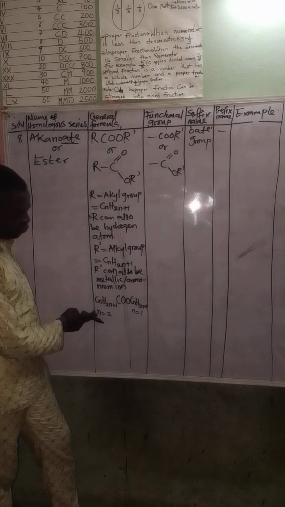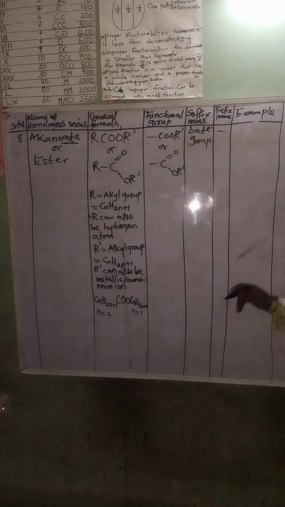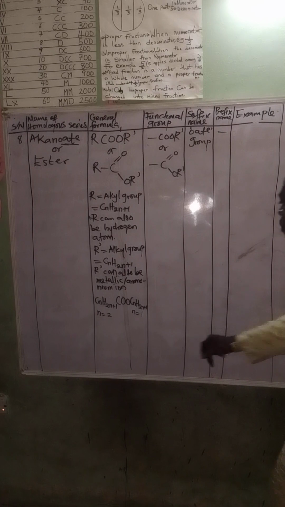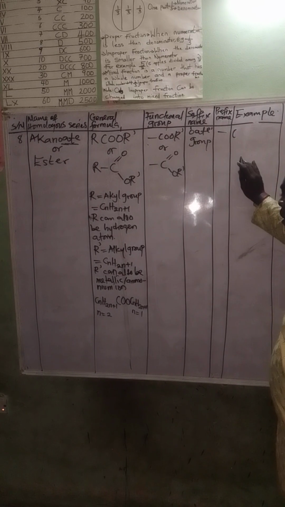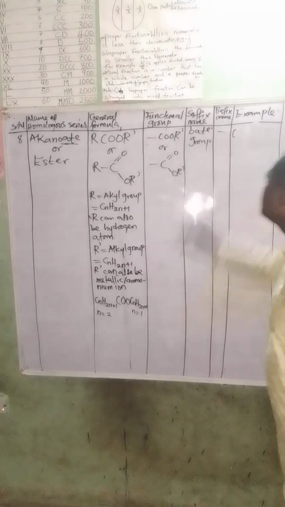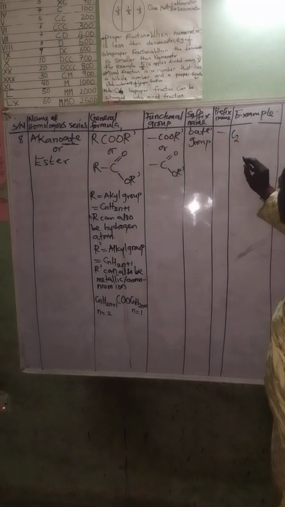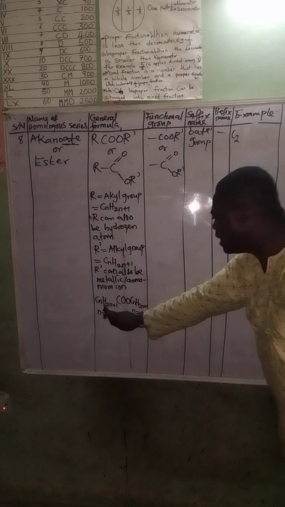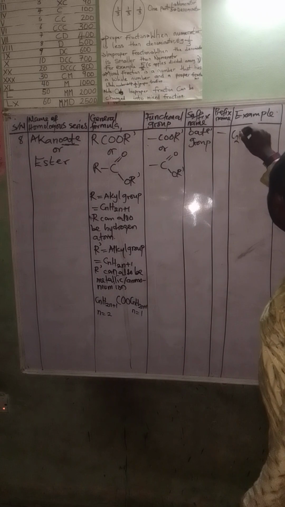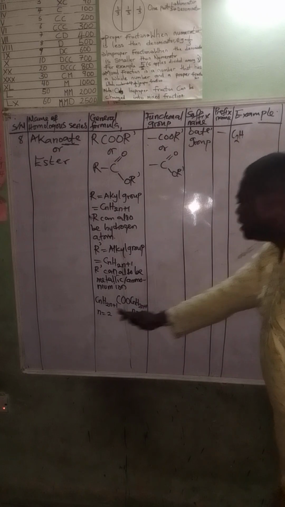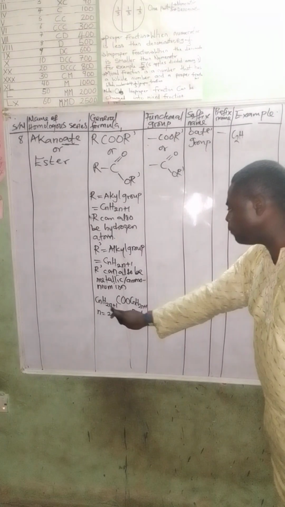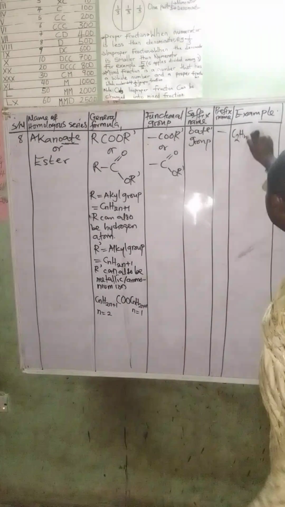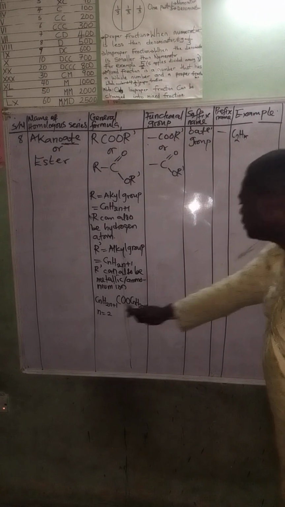If n is 2, rewrite this C as C, then instead of n, put 2. For the H, 2 times 2, that's 4, the 4 plus 1, that's 5. Then you have COO.